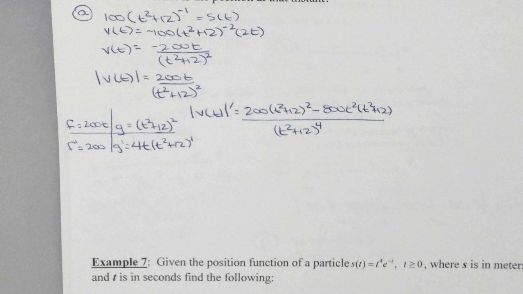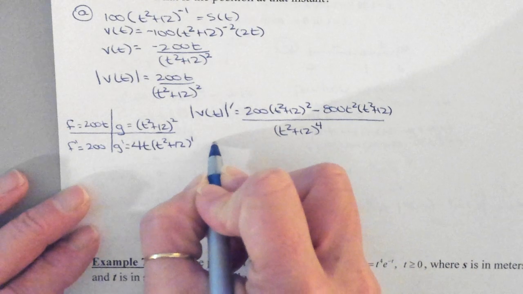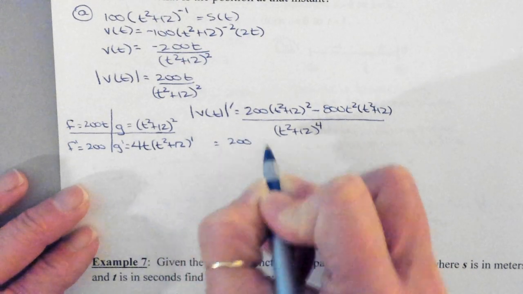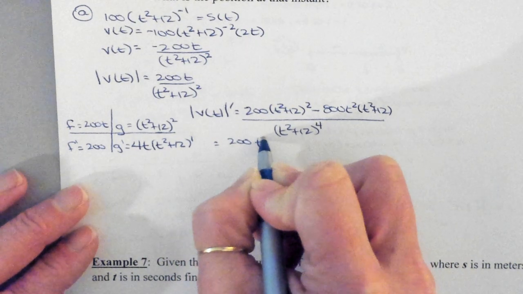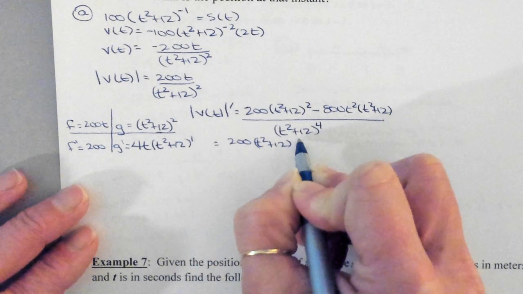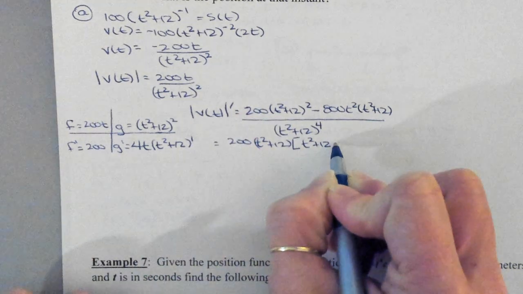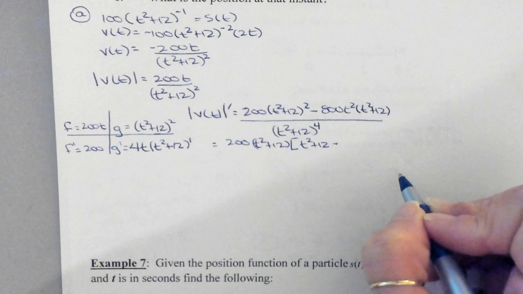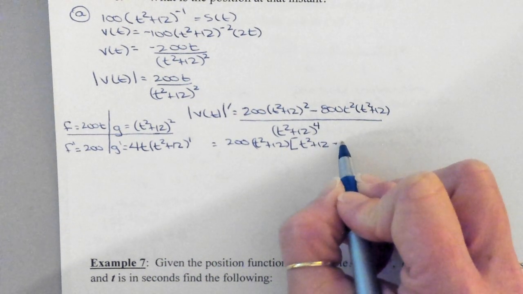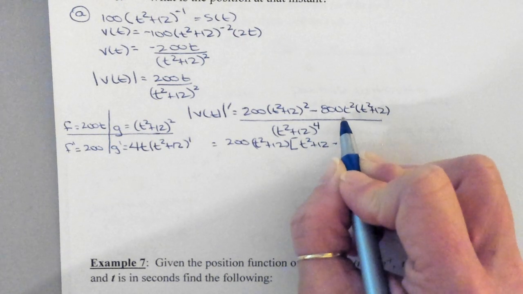So we've got 200 times t squared plus 12, and then on the inside, that leaves me with t squared plus 12 minus, what, 4t? Is this 4t, or 4t squared?